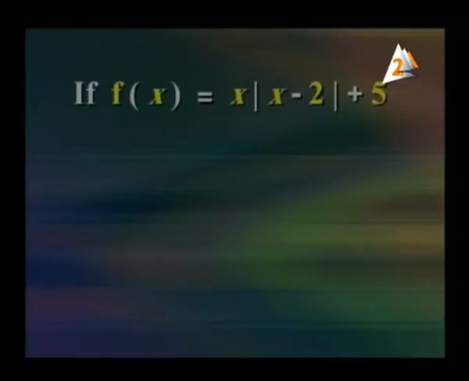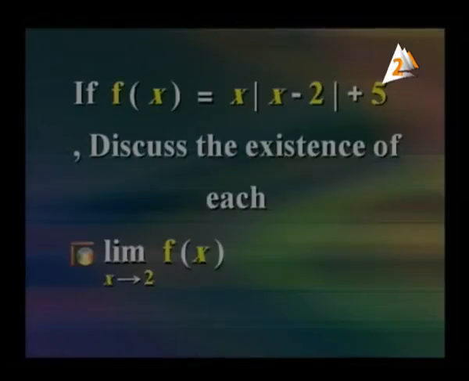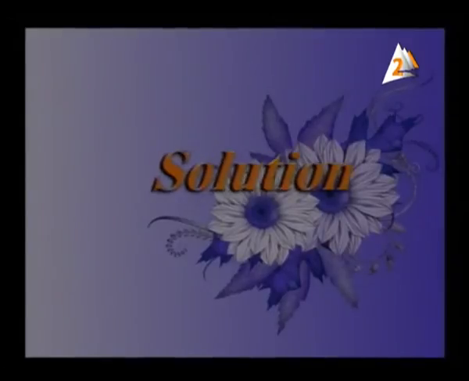f of x equals x absolute value of (x minus 2) plus 5. Discuss the existence of each: number 1, limit f of x when x tends to 2; number 2, limit f of x when x tends to 5. Solution.